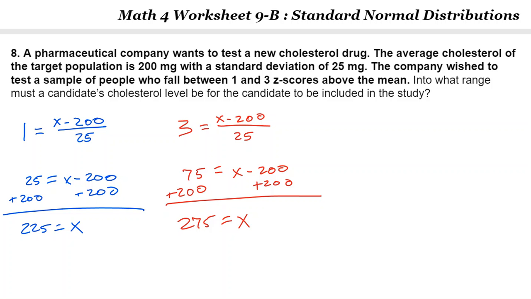And so they're looking at that group and saying, this is the group that we want to target. This one we want to look at especially. And so they're going to look at the ones that have between 225 and 275 on their cholesterol score.